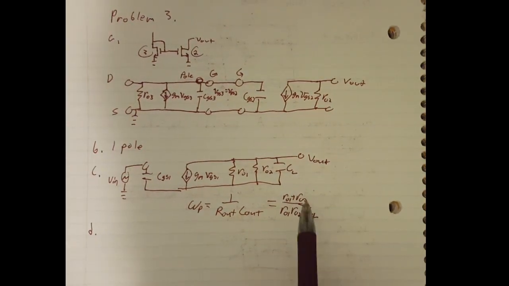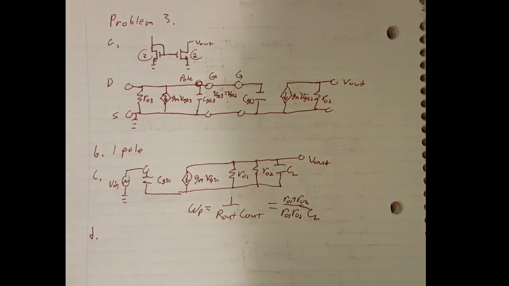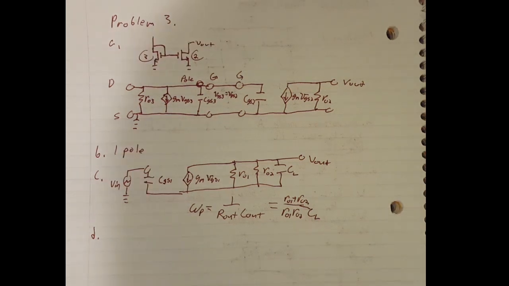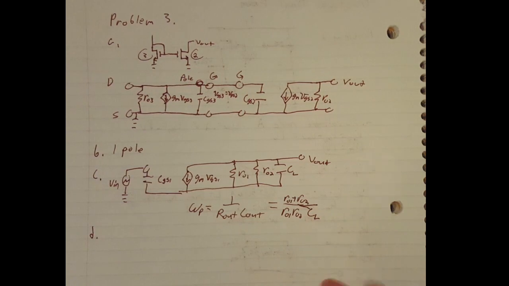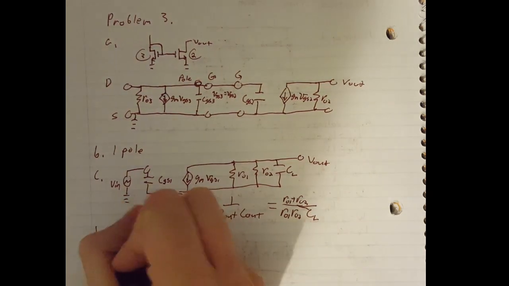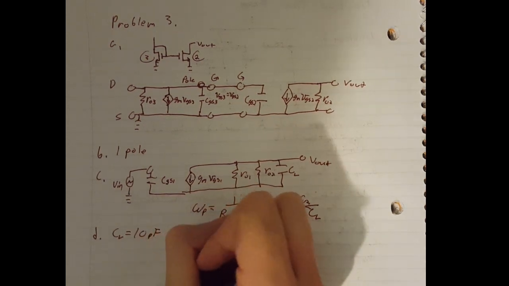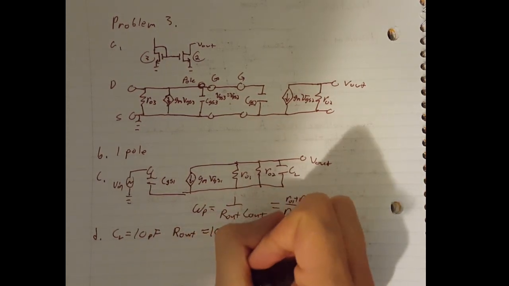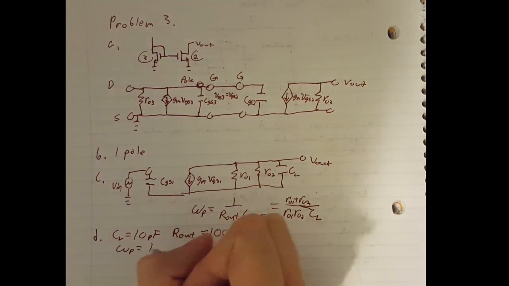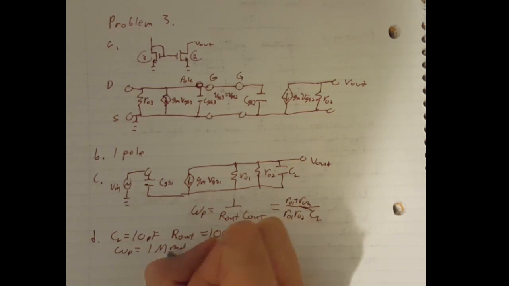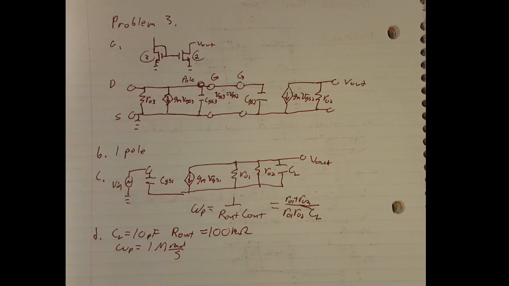And we already know that these are 200 kilo ohm resistors, so two 200 kilo ohm resistors in parallel is a 100 kilo ohm resistor, and CL is 10 picofarads. Let's write this down. R out is 100 kilo ohms. And that means our ωP is 1 megarad per second. So that's our dominant pole.